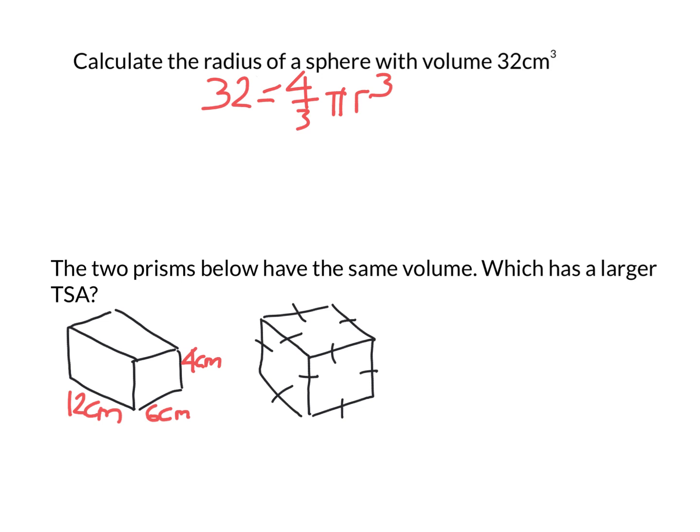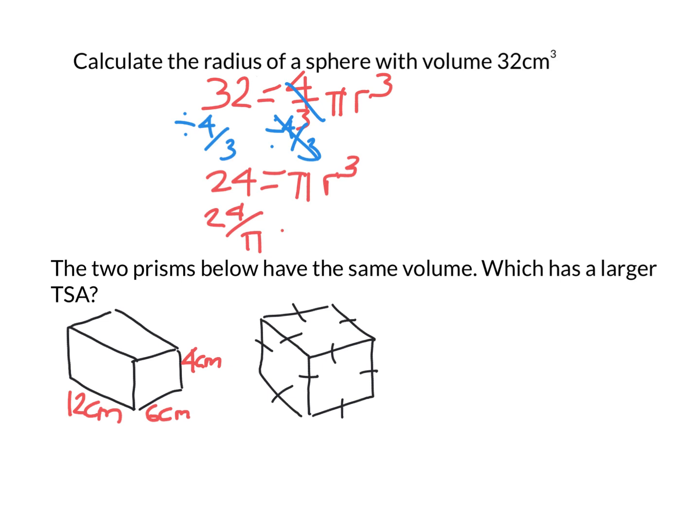So now let's solve this equation. Let's rearrange. So the way I undo timesing by 4/3 is to divide by 4/3. So if I divide each side by 4/3, I get rid of this fraction here. I'm left with 24 equals pi r cubed. So I now undo timesing by pi by dividing by pi, and that will give me 24 over pi is r cubed.